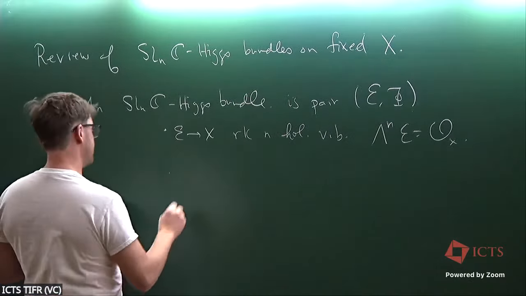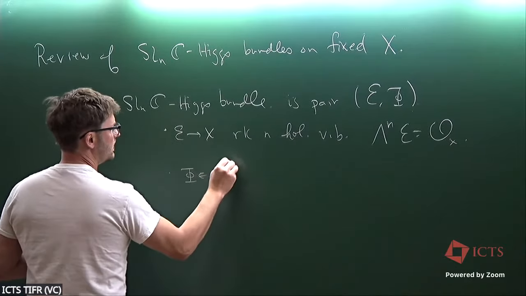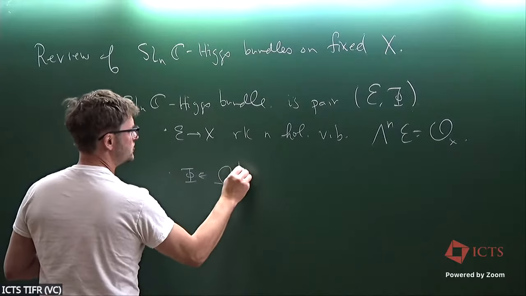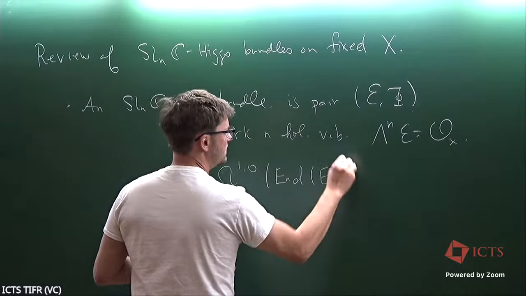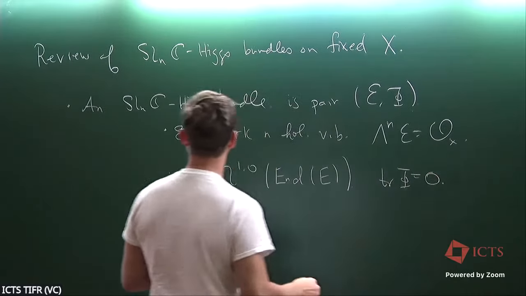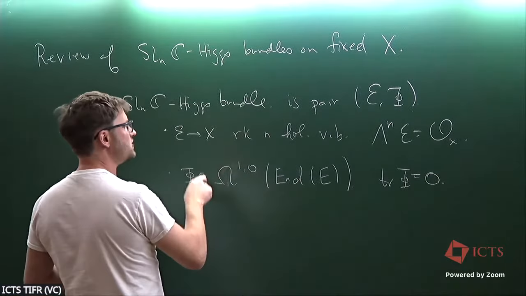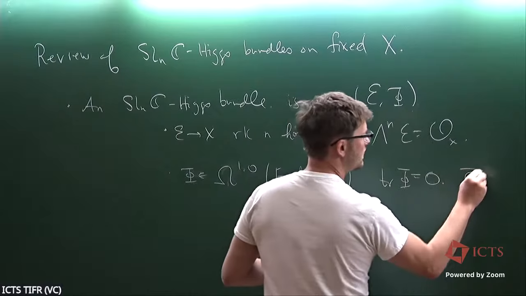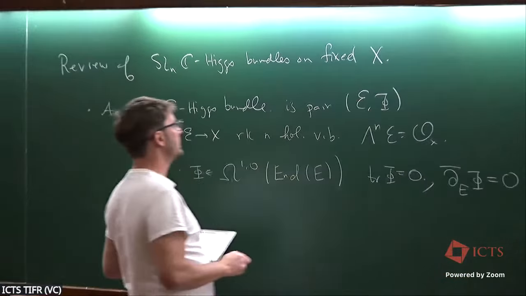And phi is a (1,0) form valued in the endomorphism bundle of E. Its trace is 0. That's the algebra condition of this group. And there's a compatibility condition between these things, namely, it's holomorphic.